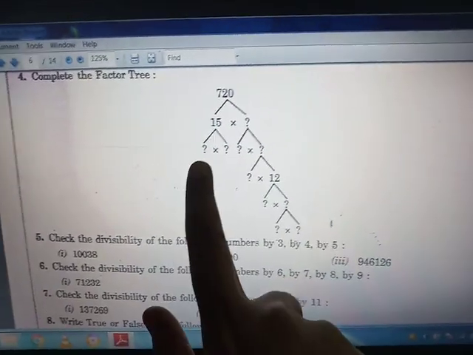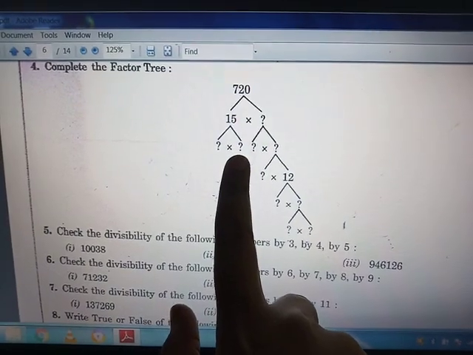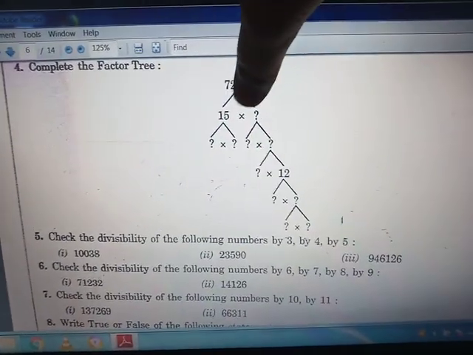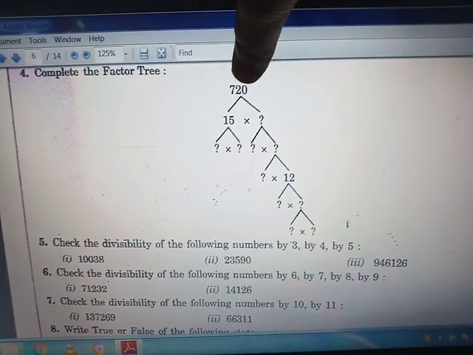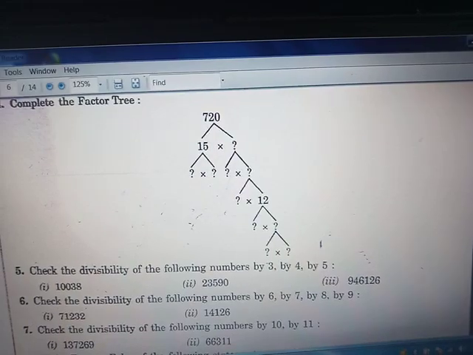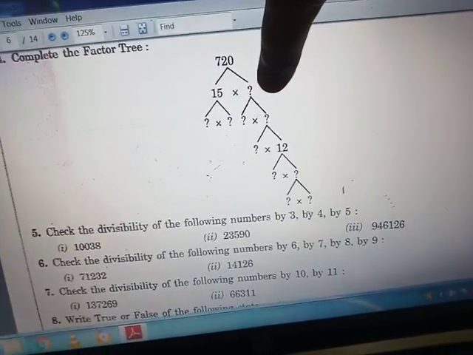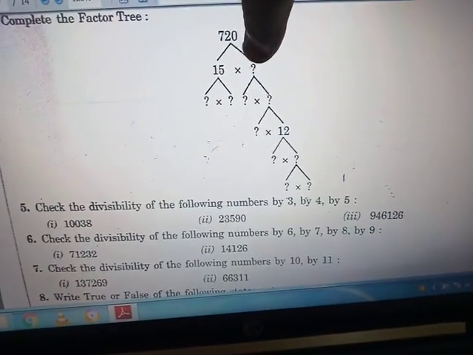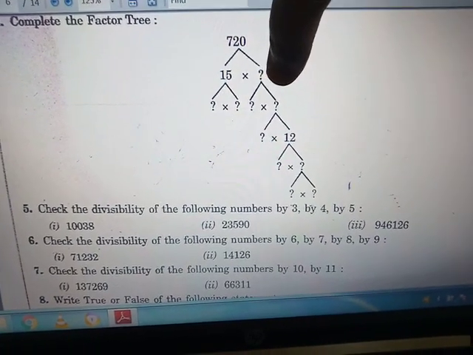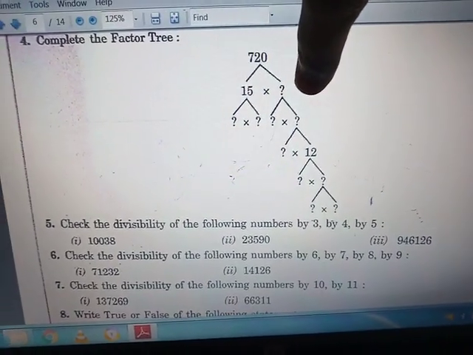When you divide 720 by 15 you will get 48 as the answer, so the question mark will be 48.